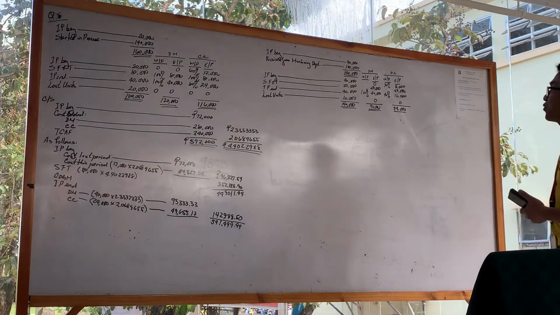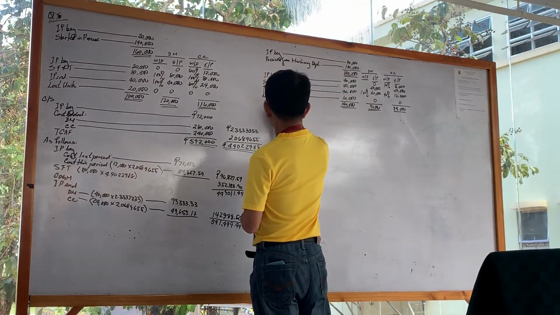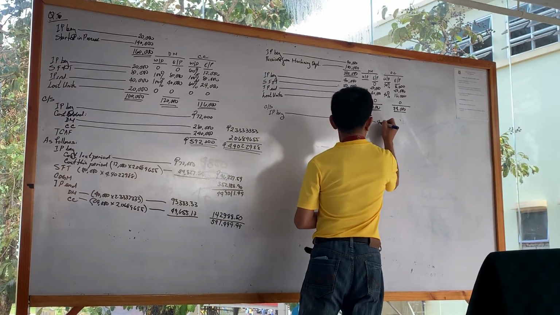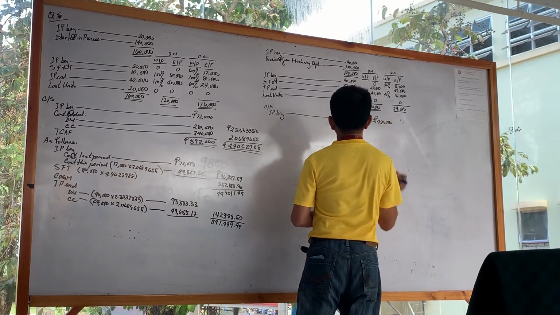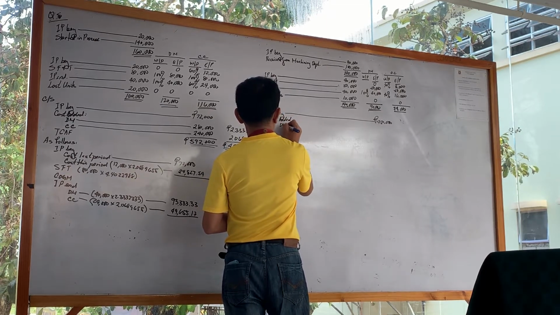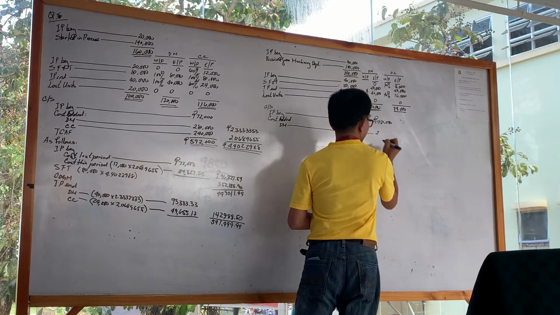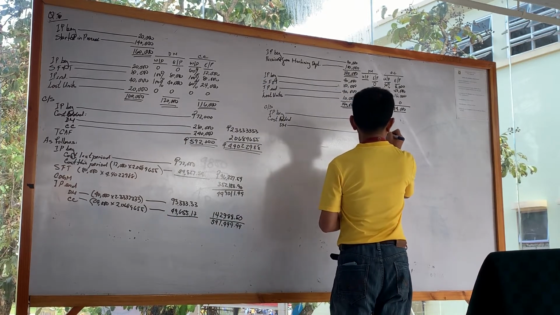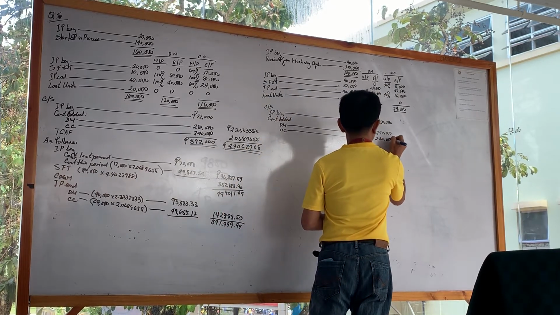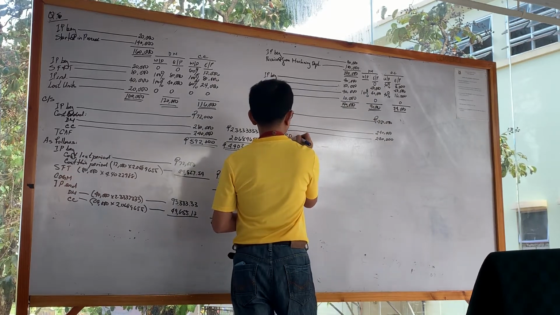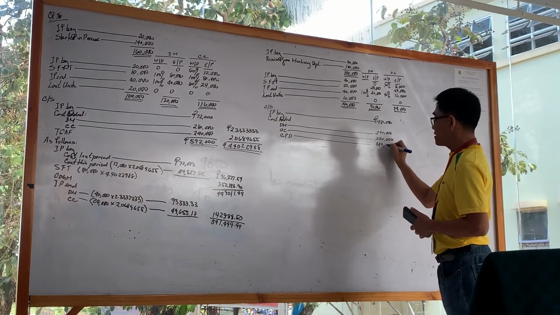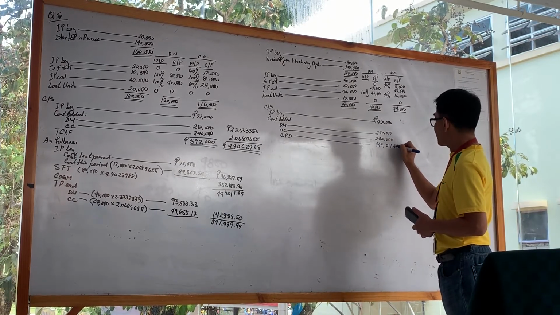Okay, let's move on to your cost analysis schedule. In process beginning, 450,000. Cost added, direct materials, 240,000. Conversion cost, 240,000. Cost from preceding department, 449,011.429.